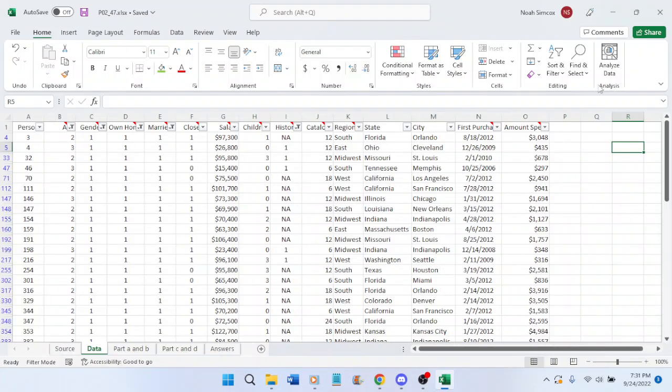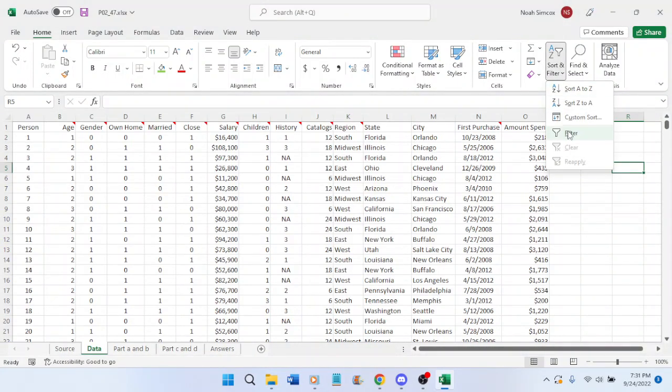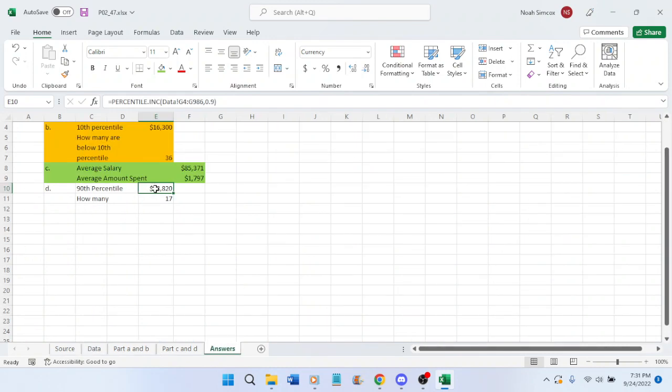I think I know why. I have to clear filters. Okay. I forgot to... Okay. Redo this. It should just automatically fix itself, though. Maybe not.